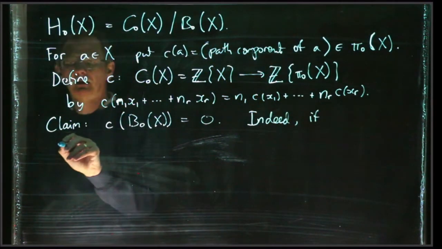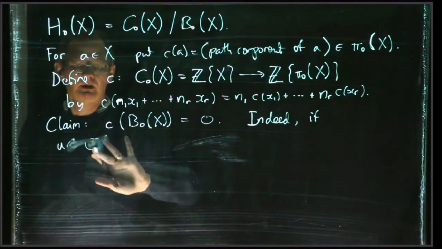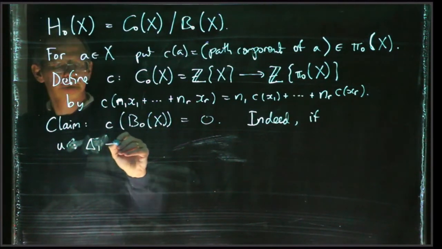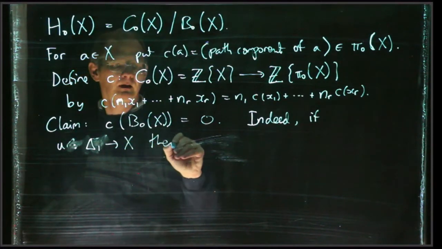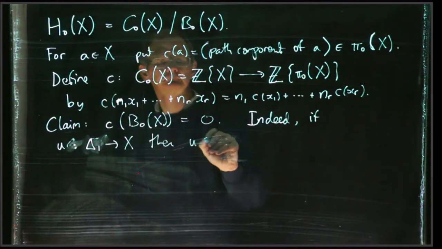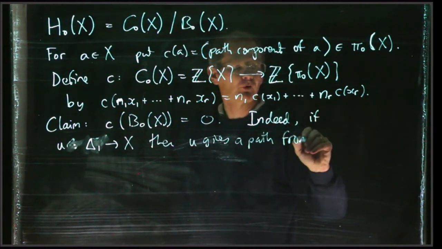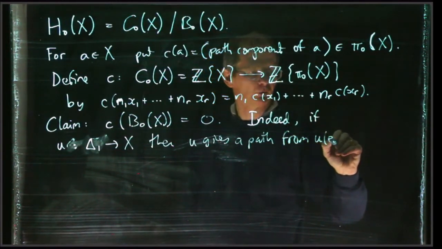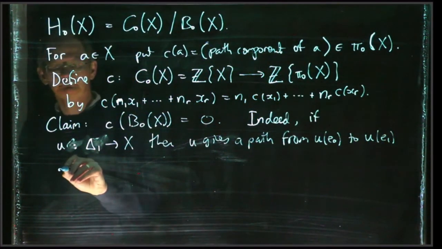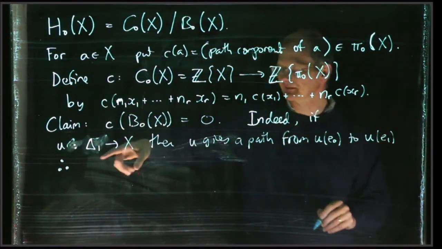So if we've got some U in C1 X, let's say U is a map from delta 1 to X, then that means that U gives a path from U of E naught to U of E1. This U from delta 1 is essentially a unit interval.